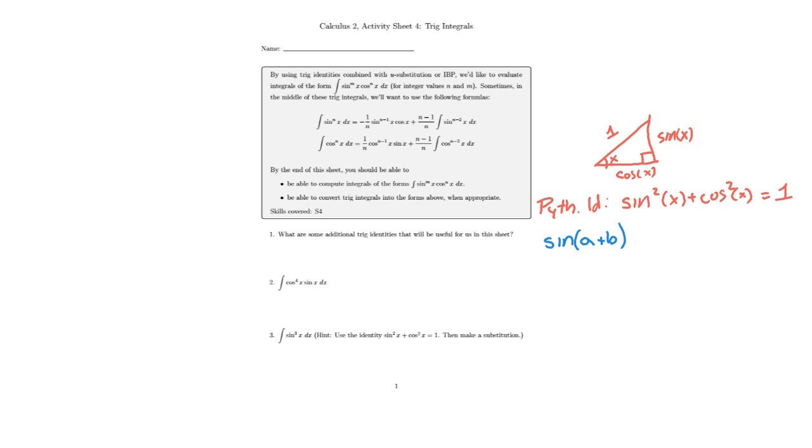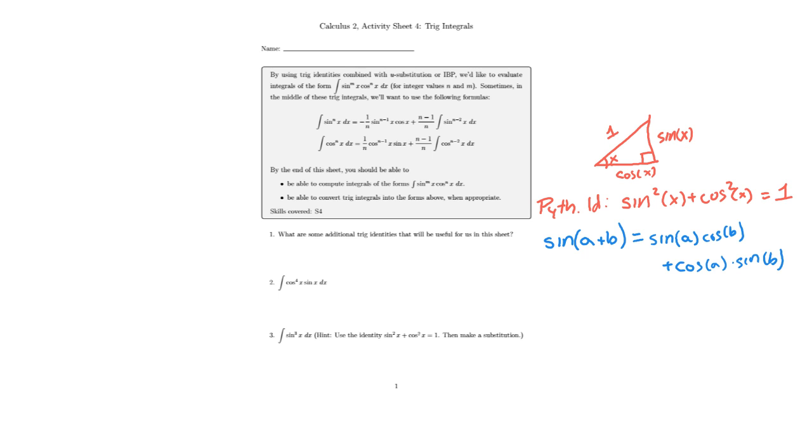The sine of a plus b is just going to be, let me see, it's going to be sine times cosine. So that's sine of a cosine of b plus cosine times sine. So that's cosine of a times sine of b. So sine, cosine plus cosine sine.